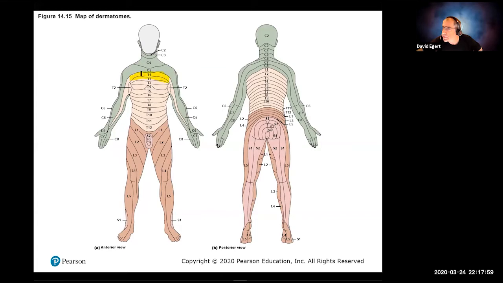If you touch somebody right along here, the signal would be going into their spinal cord at the level of spinal nerve T1. Along their back, you can see everything is just in nice little strips, basically.